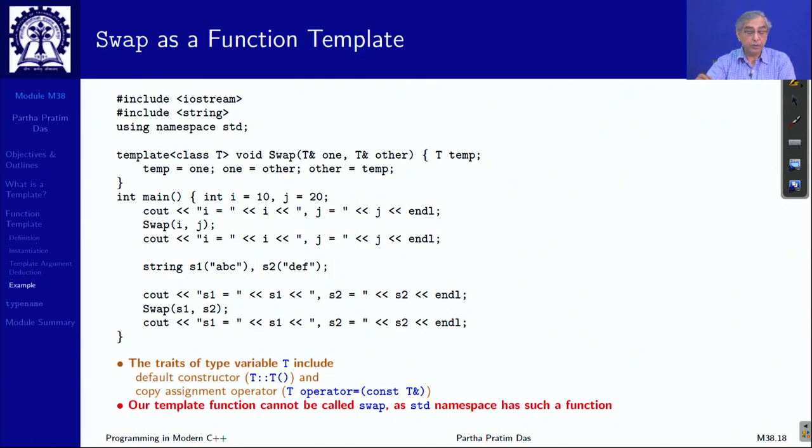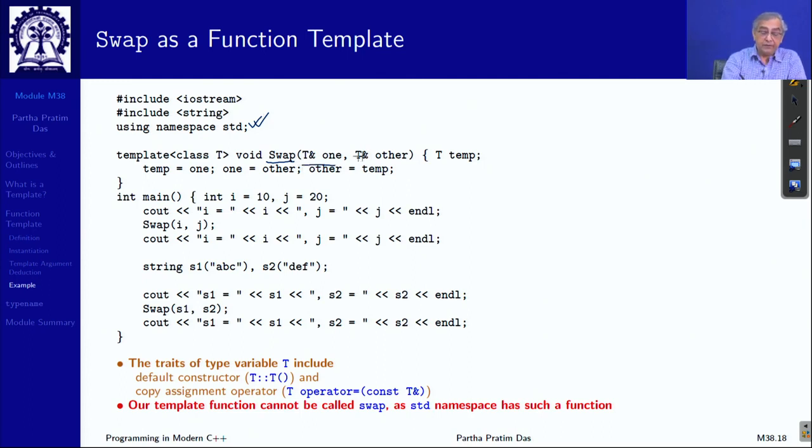This is just to show the swapping function, a very common swap function as a template. Mind you, I am writing this swap with a capital S, because I am in the namespace std. Namespace std already has a provided swap function. If I do not use that namespace, then I can use swap with lowercase. I just chose to use a different name.